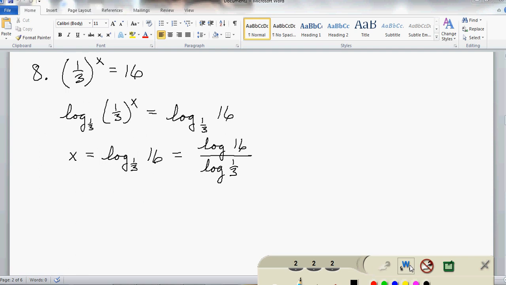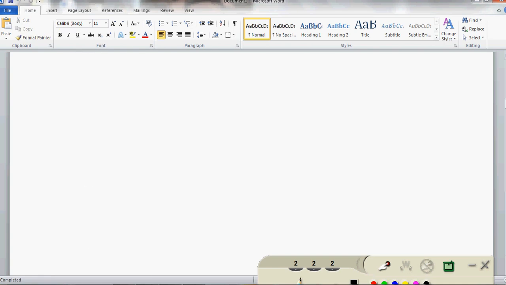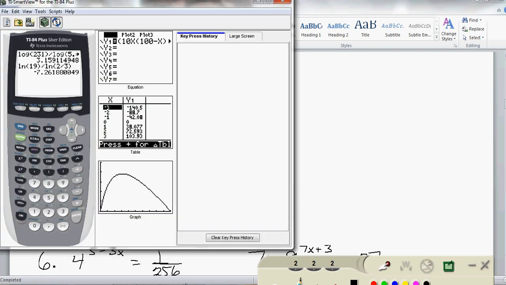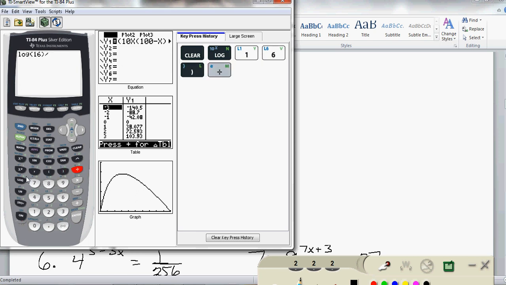But realize from now on, if you need to use the calculator, get some practice with it. And here is what we're going to do with this problem. I'm going to clear out stuff, I need the logarithm of 16, close that out, divided by the logarithm of 1/3.